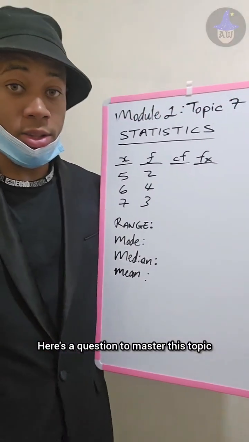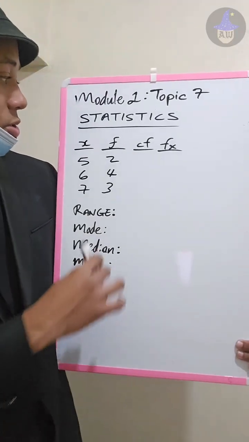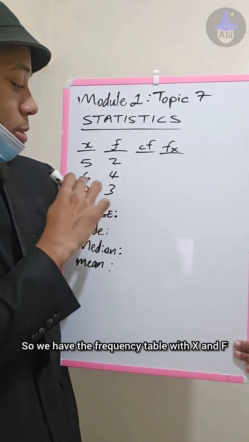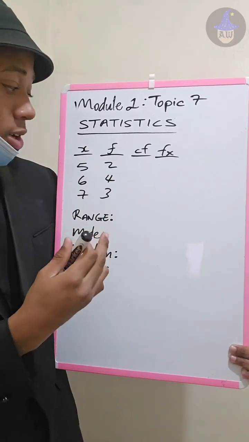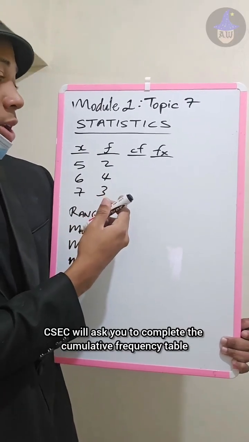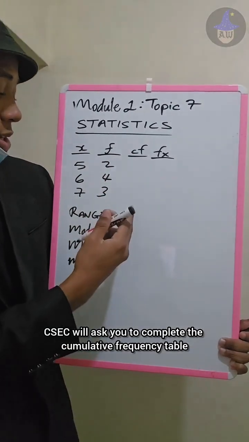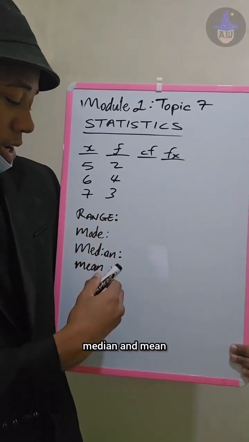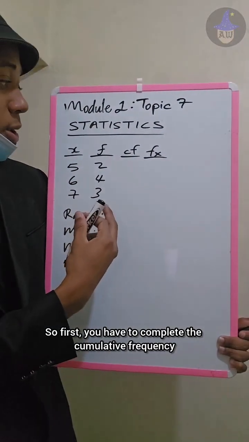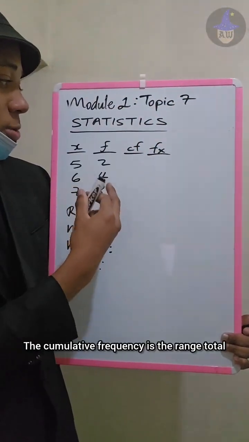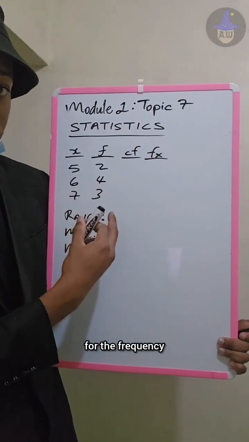Here's a question to master this topic. So we have the frequency table with X and F, the values and the frequency. CSEC will ask you to complete the cumulative frequency table, find the range, mode, median, and mean. So first, you have to complete the cumulative frequency. The cumulative frequency is the running total for the frequency.